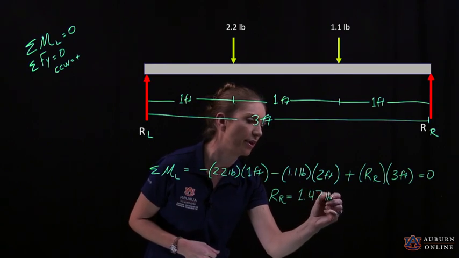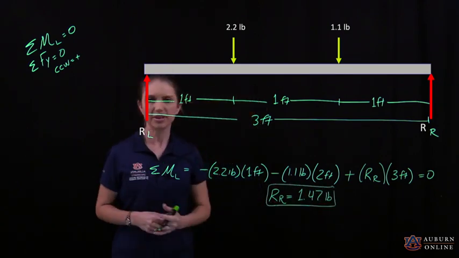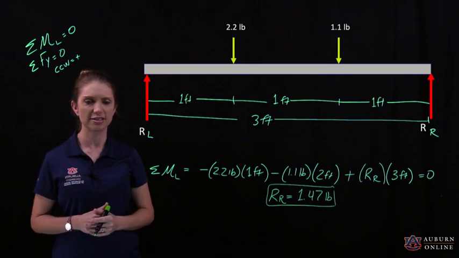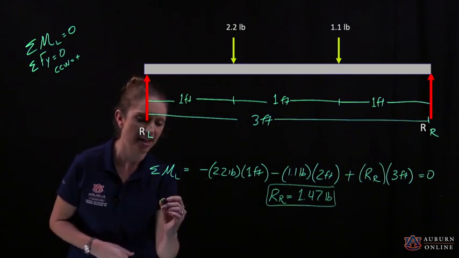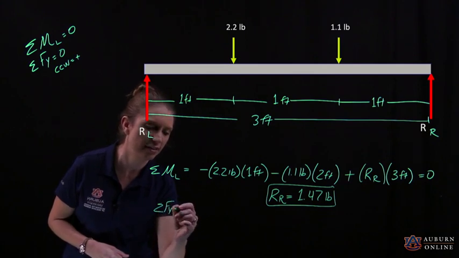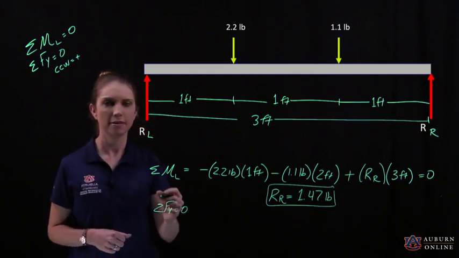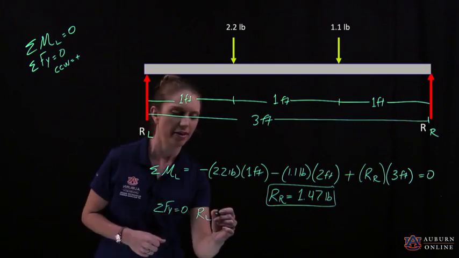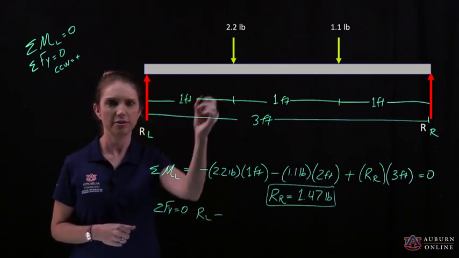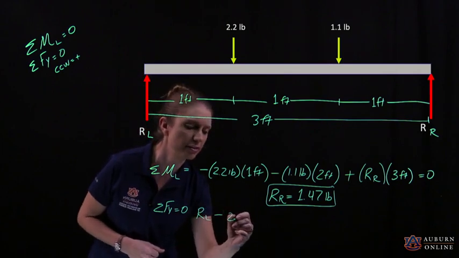If we solve here for our right support, our R, we get 1.47 pounds. So now we can just sum the forces in the y direction and set that equal to 0 to solve for the reaction on the left-hand side. Sum of the forces in the y equals 0. So we have our RL, that's positive since we've drawn it up. We've got 2.2 pounds, negative.